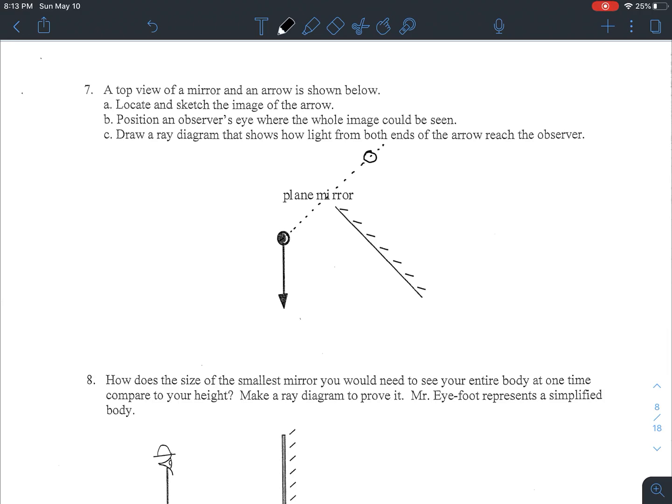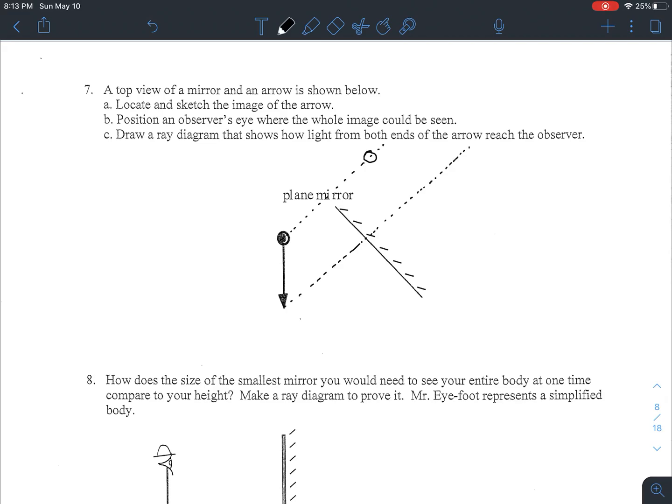Same thing we're going to do for the tip of our arrow. The reason we're picking the boundaries is that if we can track the light rays of these two parts of our object, all the ones in between we would be able to see as well, because there's going to be an infinite number of light rays.